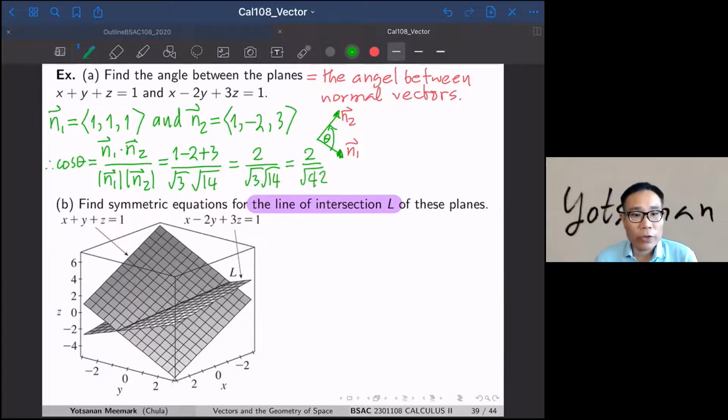So you have cos theta equal to 2 over root 42. The way to answer this is theta equals arc cosine of 2 over root 42. That will be your final answer.